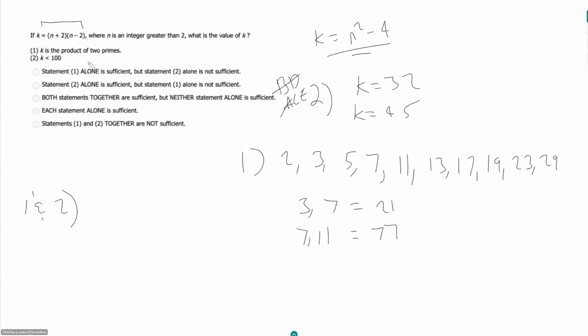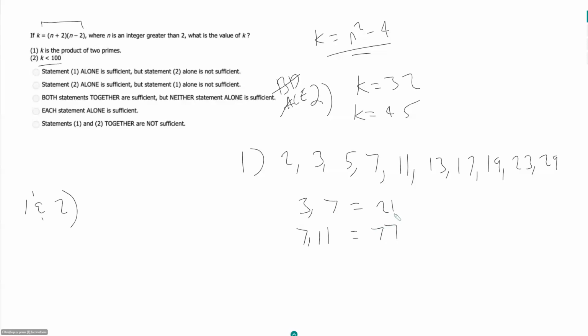Now I have to look together for the product of 2 primes where that product is less than 100. I found the 2 lowest examples I could here, and I'm already pretty close to 100.